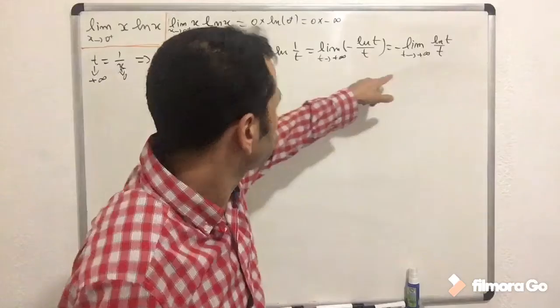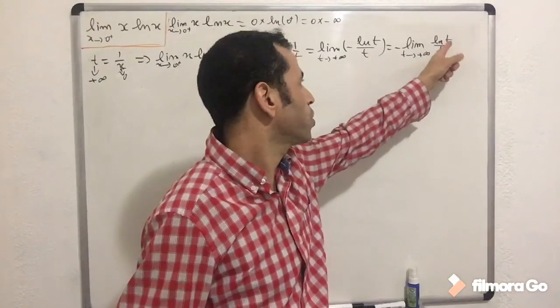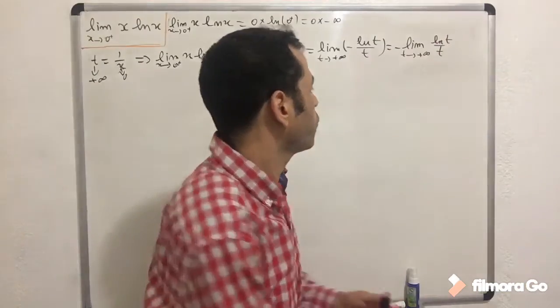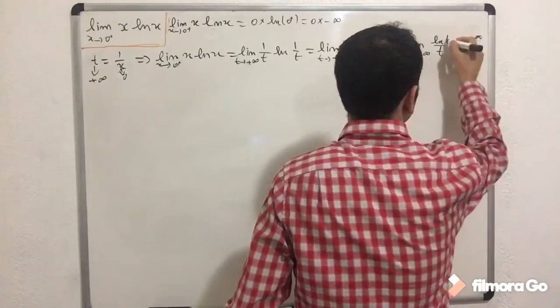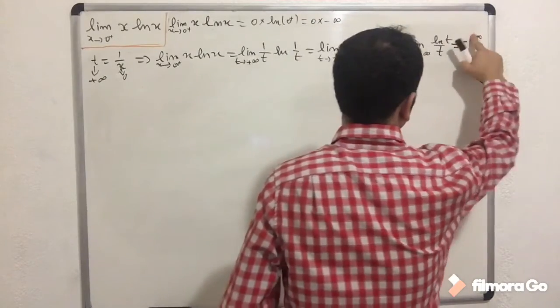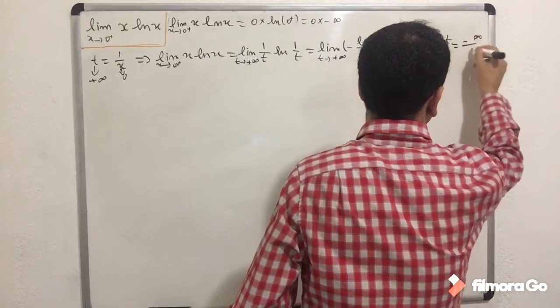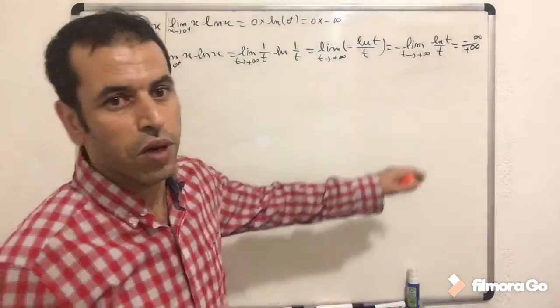So let's test our limit now. Plugging infinity into this fraction gives you infinity over infinity. Natural log of t is infinity, and with a negative sign it becomes minus infinity over infinity. This is an indeterminate form as well.